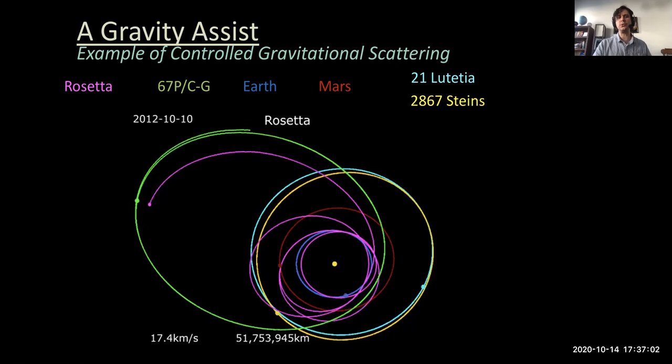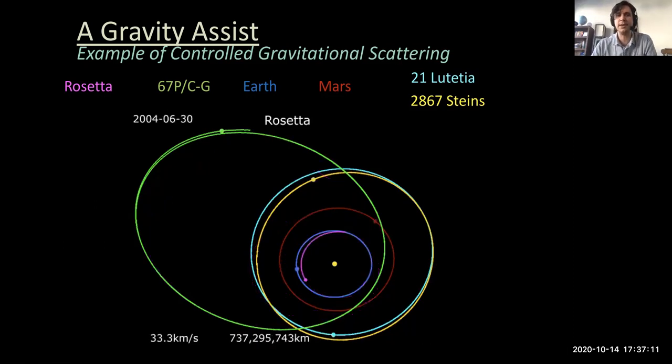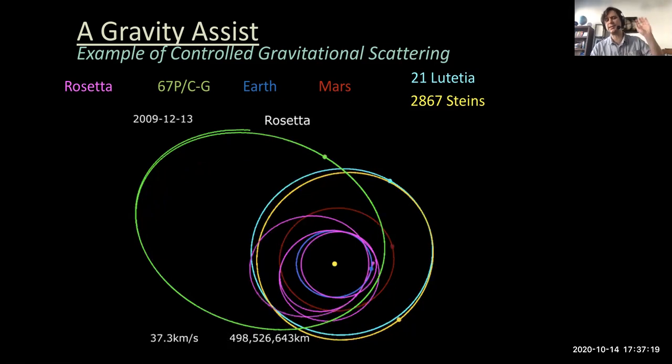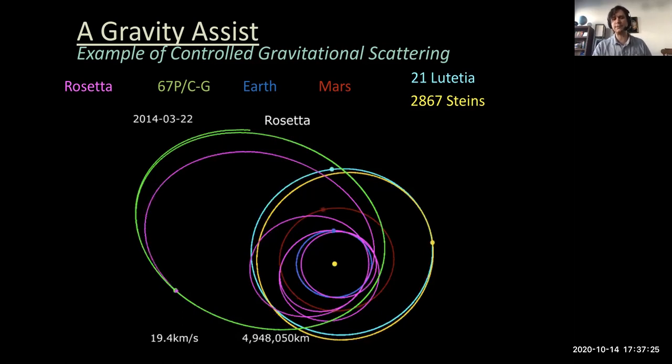And we did it in a controlled way where we actually aimed it so it would encounter the comet that we were trying to hit, 67P Churyumov-Gerasimenko. And we do this routinely. This is a very common practice, especially as we're sending things out into the furthest reaches of the solar system, because we just can't put enough fuel on the spacecraft to get the kind of changes in velocity that we need.